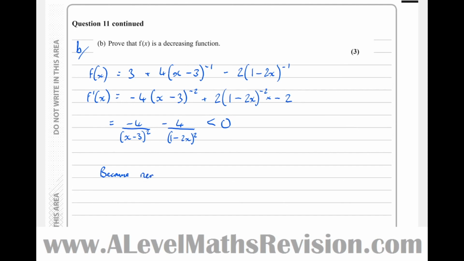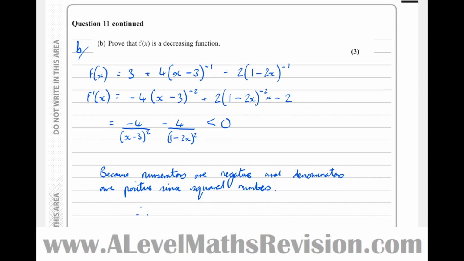So, because numerators are negative and denominators are positive, since squared numbers are positive, therefore the function is decreasing.